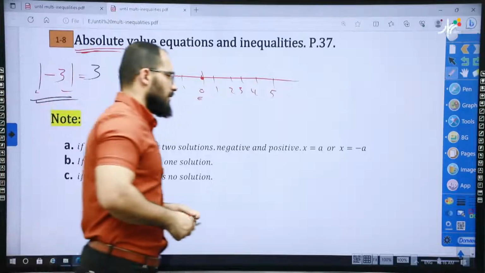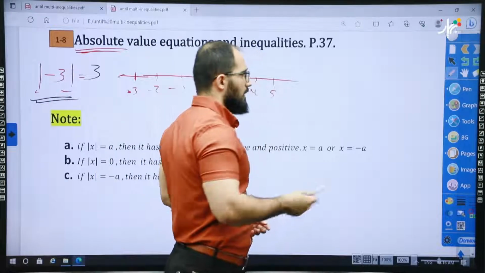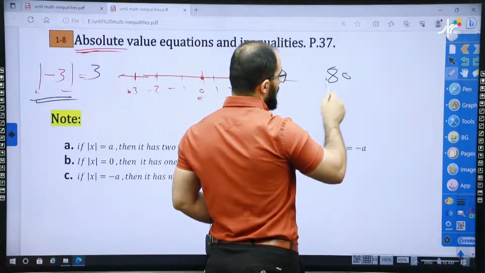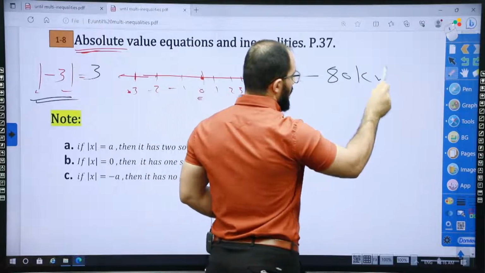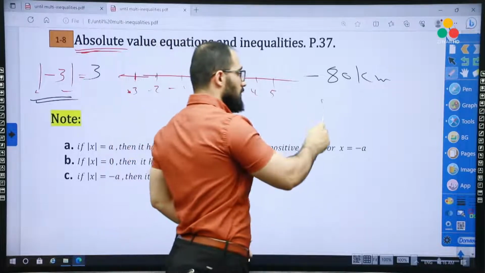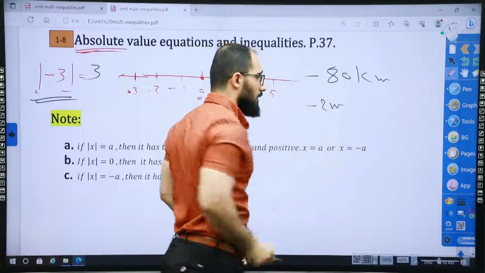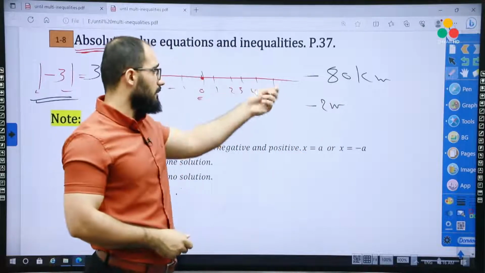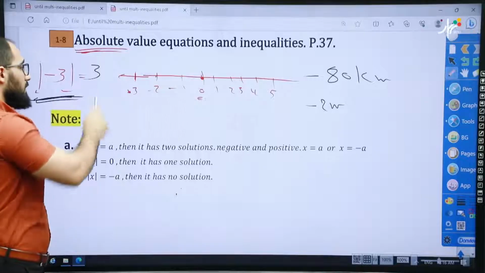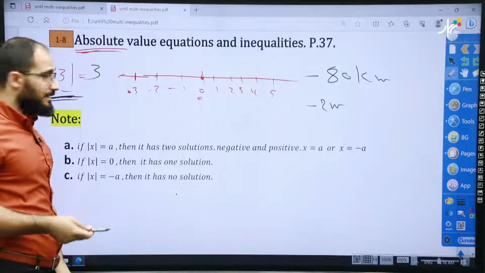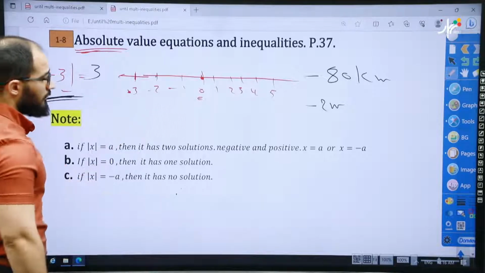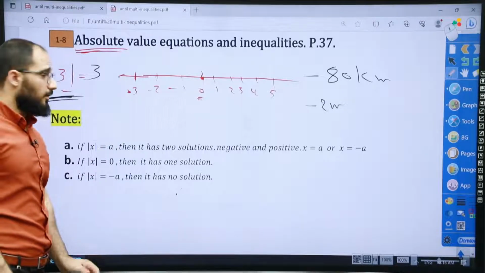For example, you cannot say the distance between Hawler and Kirkuk is -80 kilometers, or the length of this board is -2 meters. It's impossible. Length cannot be negative. That's why absolute value is always positive, because it is distance. This is the definition of absolute value.